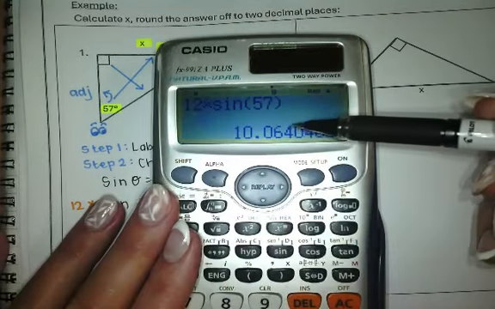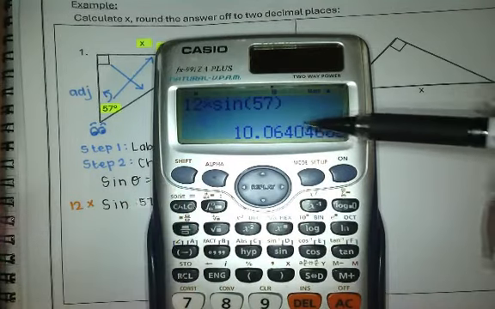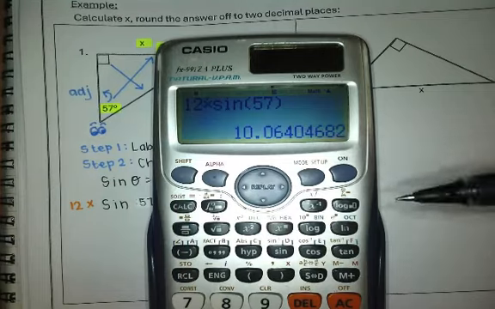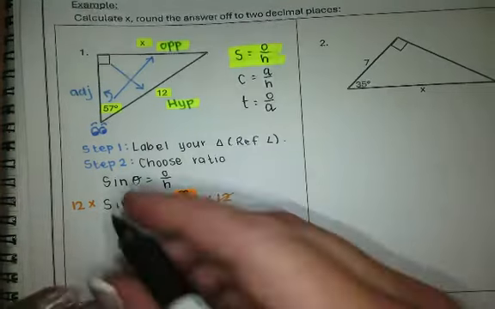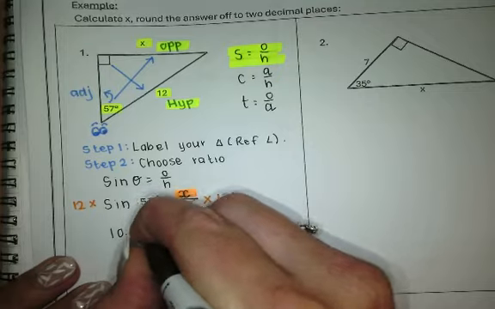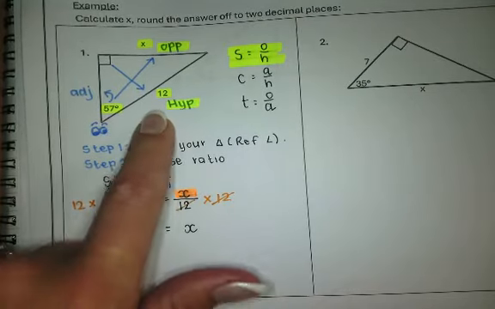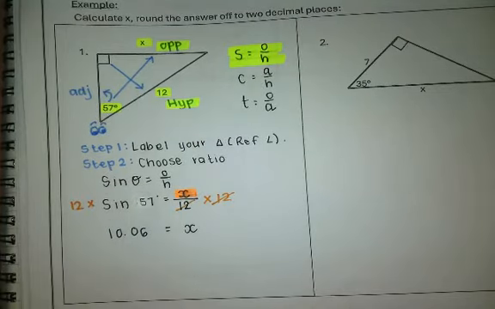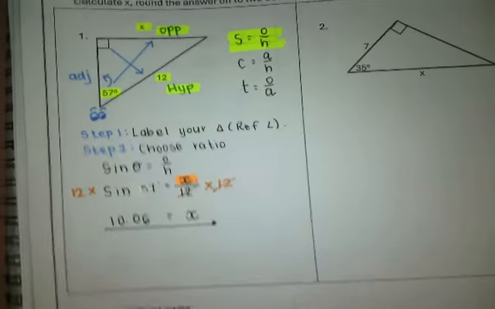It stays 06 because the third number is a 4, so if it's 4 or below, it stays the same. We're not going to write centimeters or anything because they haven't given us units for the side given in the triangle.